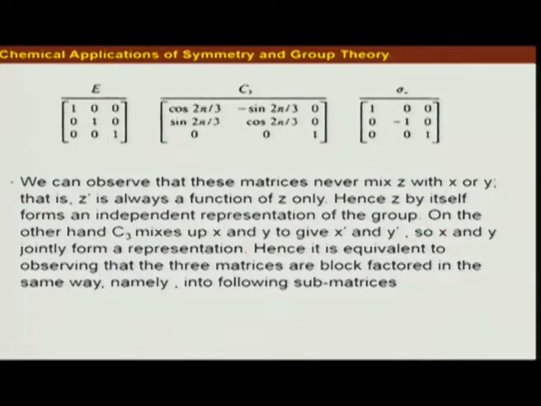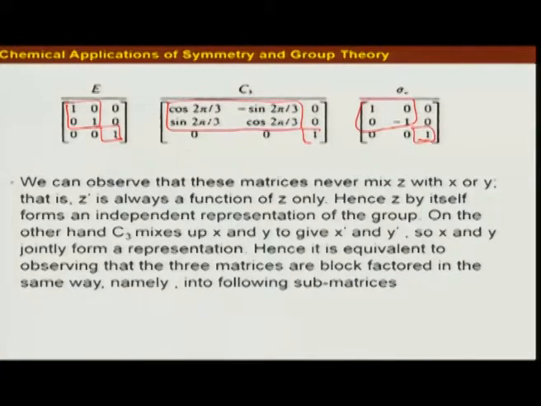Hence it is equivalent to observing that the 3 matrices are block factored in the same way. Okay, so you can see this is a block and this is another block, right? So here also I can think that I have the same block, same way. Okay, so here and here.